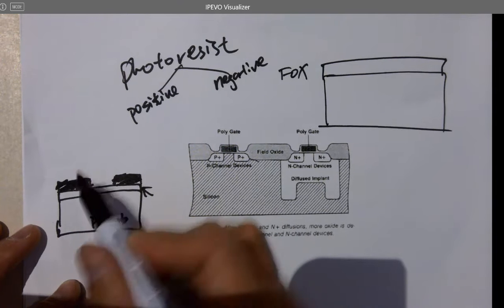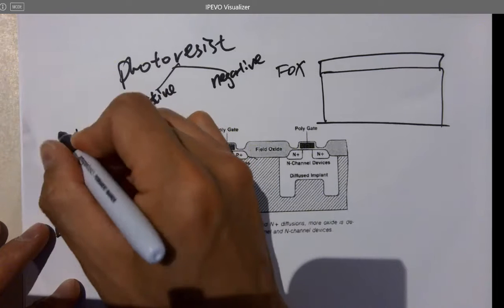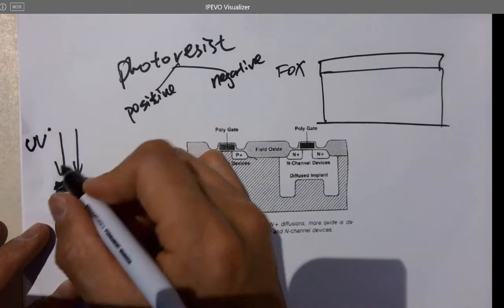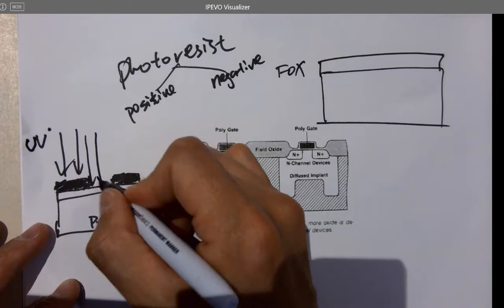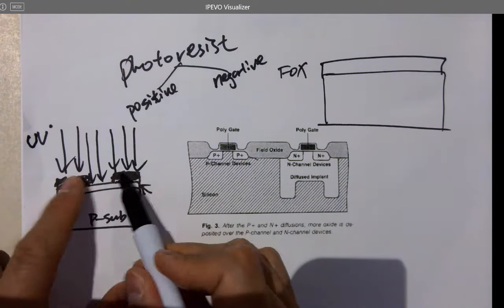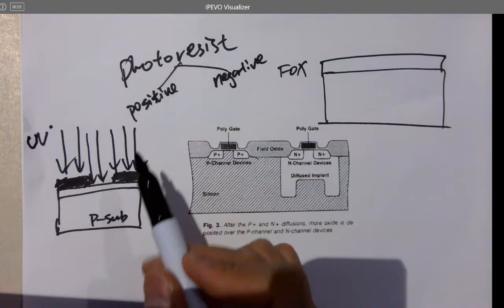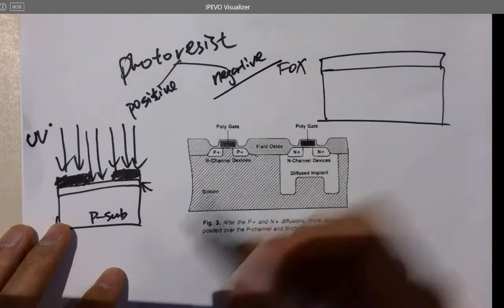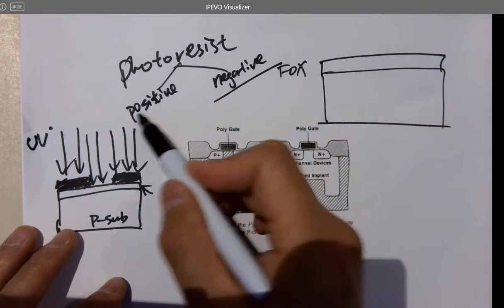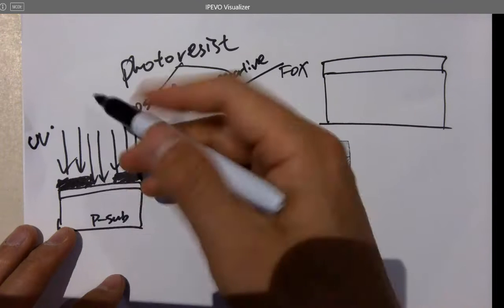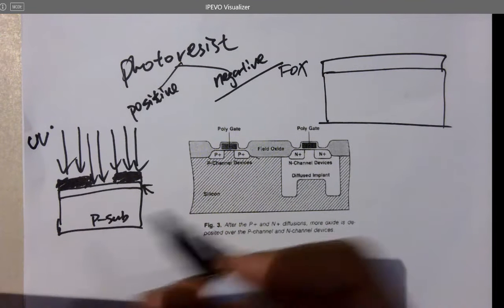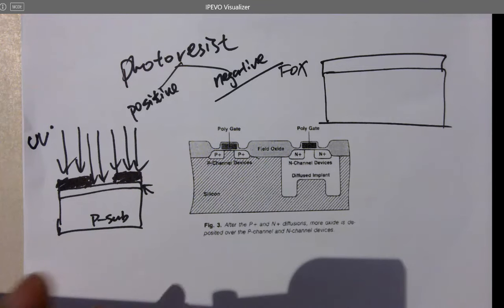All right, and then I'm going to expose everything to UV. So definitely these ones will block the UV because the photoresist materials, the negative ones, are very sensitive, also positive ones as well, but here it's different. So whatever has been exposed to UV, the molecules inside are getting cross-linked.